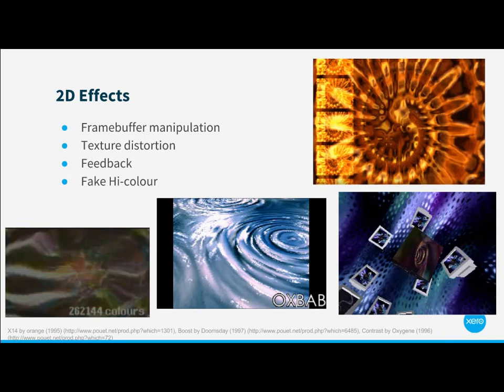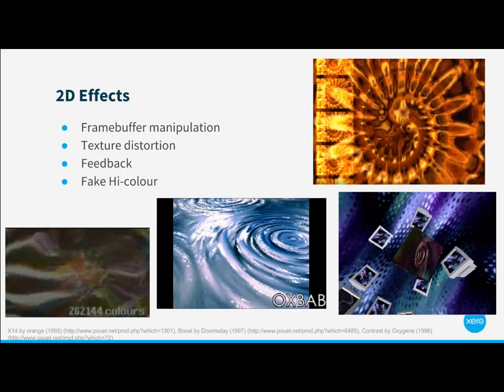It wasn't only 3D, there were 2D effects as well, because you had a frame buffer, which is basically an area of memory that represented what was on screen. So you could manipulate that memory. You could do kaleidoscope-like effects by feeding back the current frame on screen and using that to generate the next one.